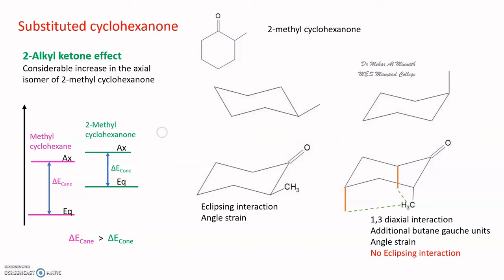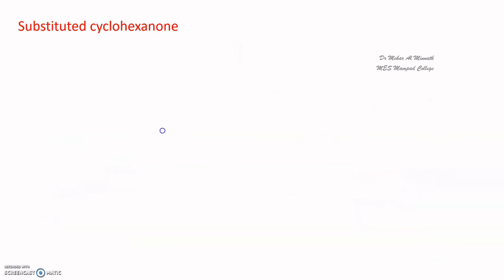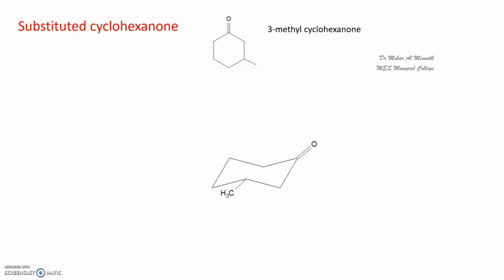Now, a similar phenomenon is experienced in 3-methyl cyclohexanone also. In 3-methyl cyclohexanone, when we write it in the equatorial form, there is no eclipsing interaction, because the methyl group is one carbon away from the carbonyl carbon.